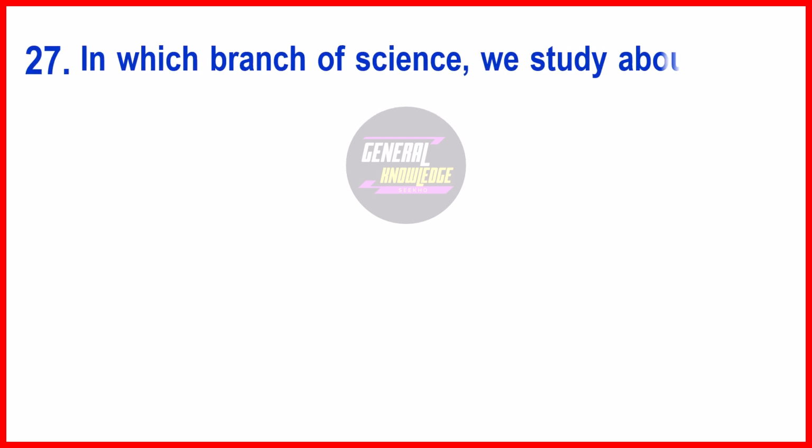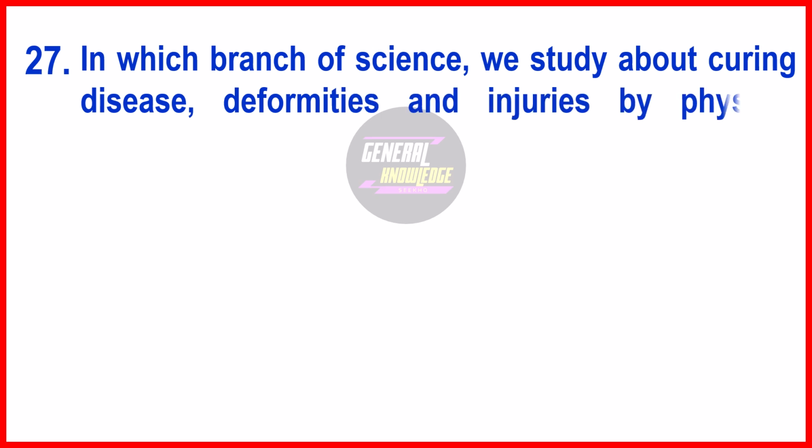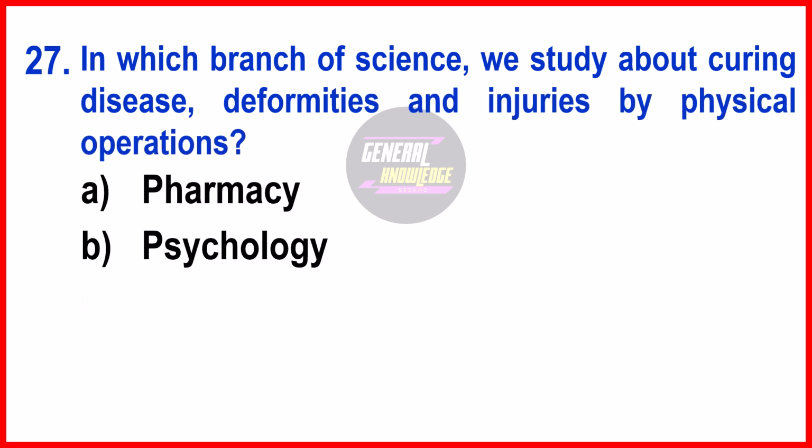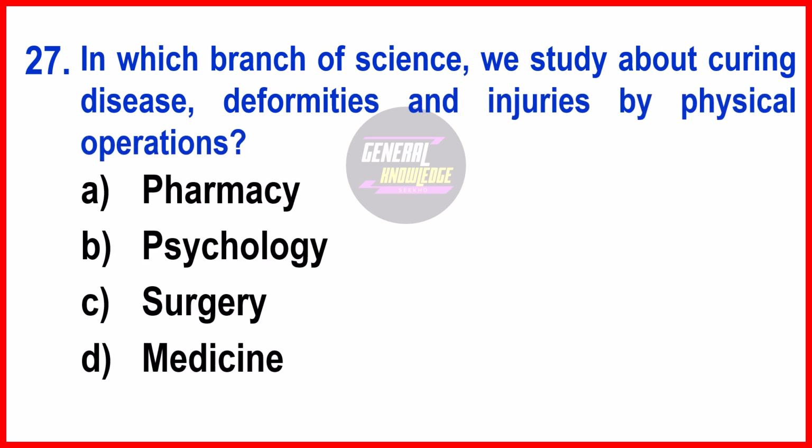Question number 27. In which branch of science we study about curing disease, deformities, and injuries by physical operations? The right answer is option C, surgery. Surgery involves the use of manual and instrumental techniques to diagnose, treat, and alter bodily functions.